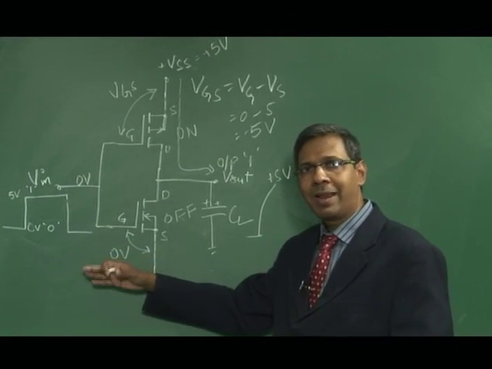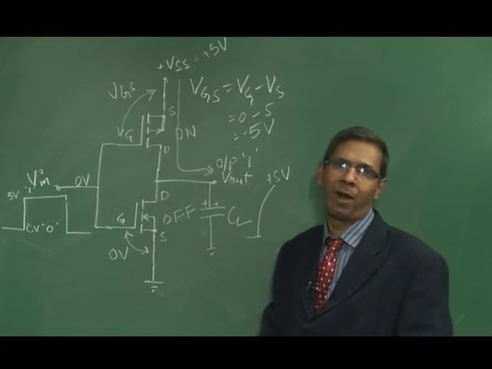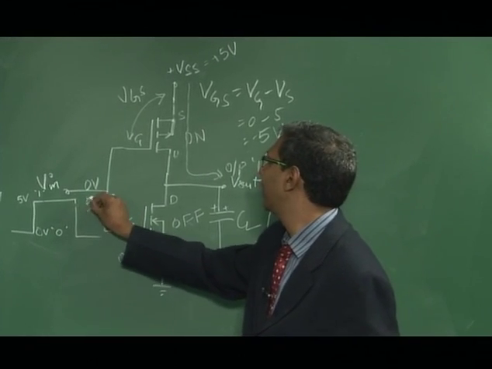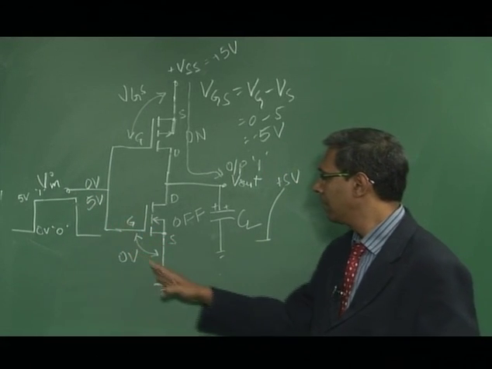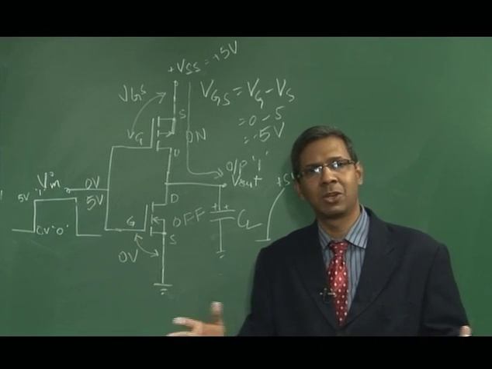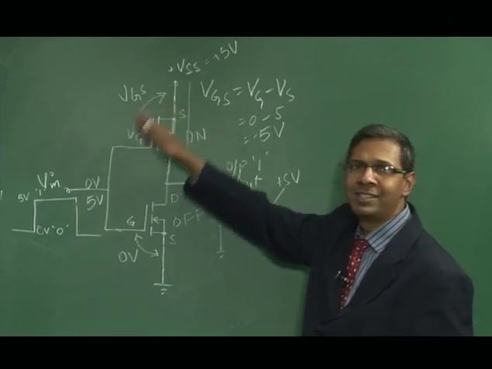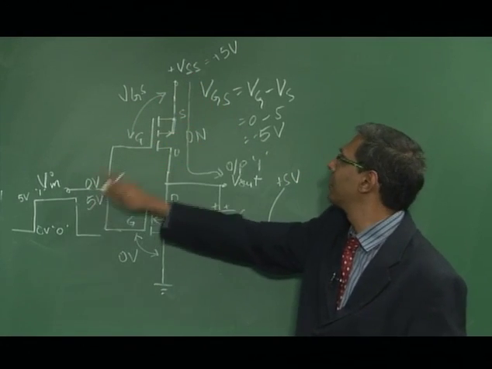Now let us quickly analyze what happens if we change the input from 0 to 1. Let us say I now give it 5 volts. What is essentially happening? I am ensuring that my VGS at the NMOS is larger than VT, which is around 2 volts. So this device is on. But now if you check the PMOS, what is the VGS now? The source continues to remain at 5 volts, whereas the gate has also gone to 5 volts.